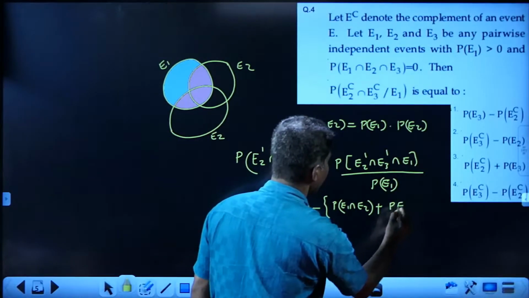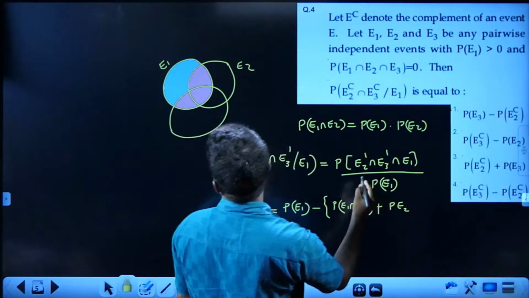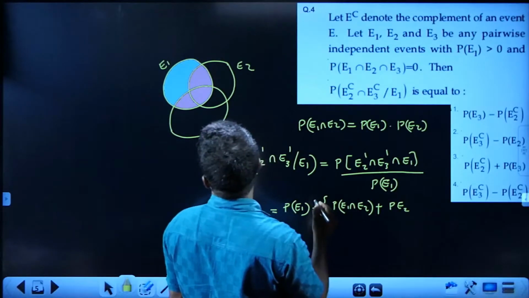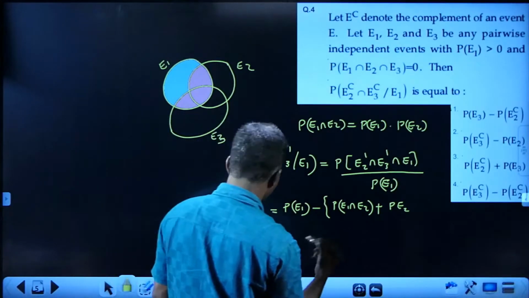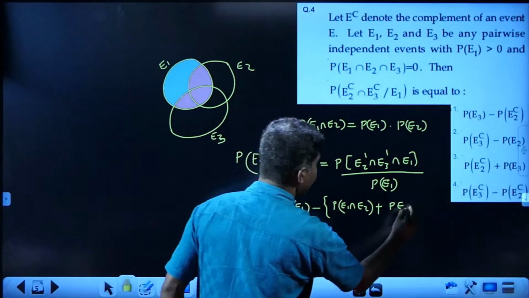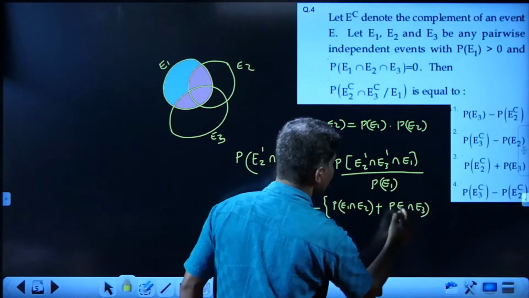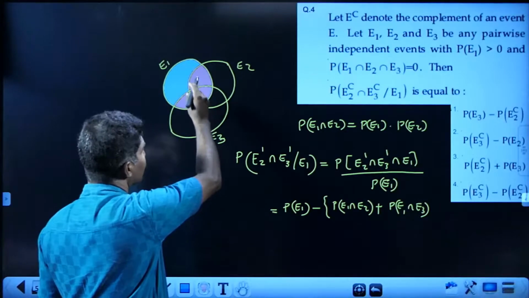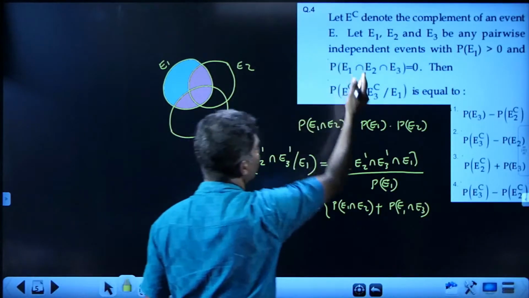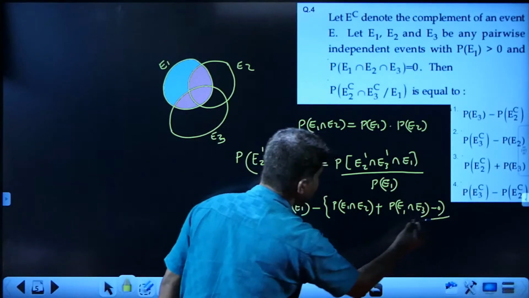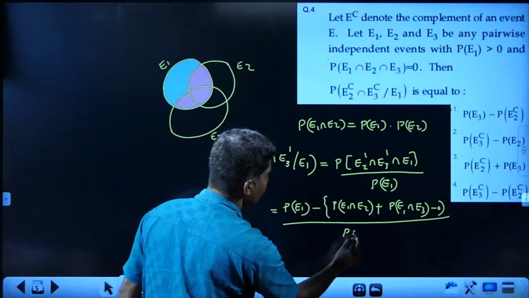Probability of E2 intersection, this is E3 I think, E1 intersection E3 now. Then we have to subtract this region. What is this region? E1 intersection E2 intersection E3. Its probability is equal to 0. So you will write minus 0. Divided by probability of E1.